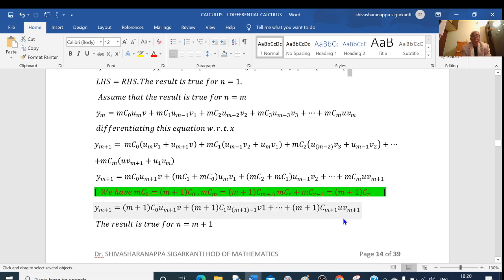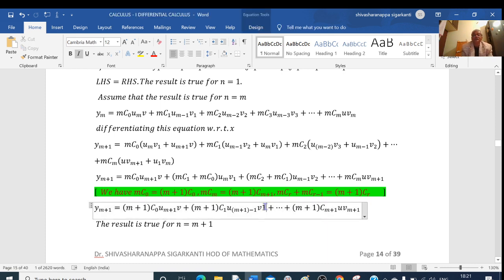VM plus 1. See, this looks like, in place of M plus 1, if I assume that it is N, how this looks is Yn equal to NC0 UNV plus NC1 UN minus 1 V1, plus NCN UVN. That is, in place of N I have M plus 1.